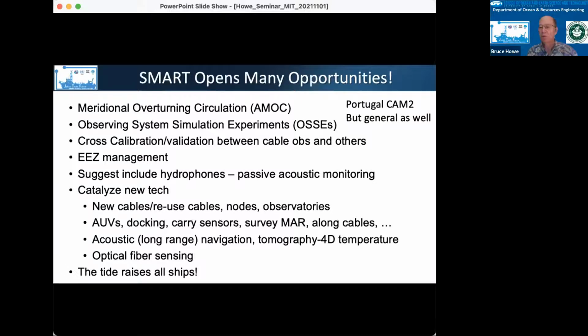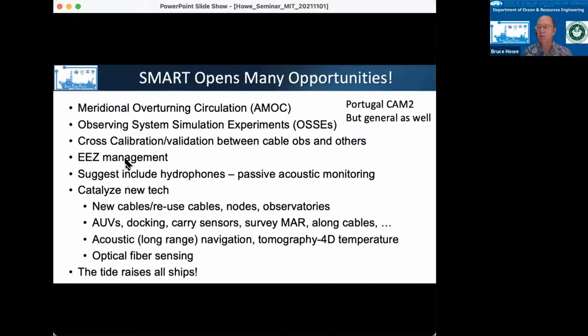And part of that will include observing system simulation experiments, and people at MIT do this, Pierre Lemousseau and then John Marshall, and then in Portugal also there are people doing this. So I'm hoping that there can be some collaboration there. And then there needs to be cross-calibration and validation between cable observations and other observations.